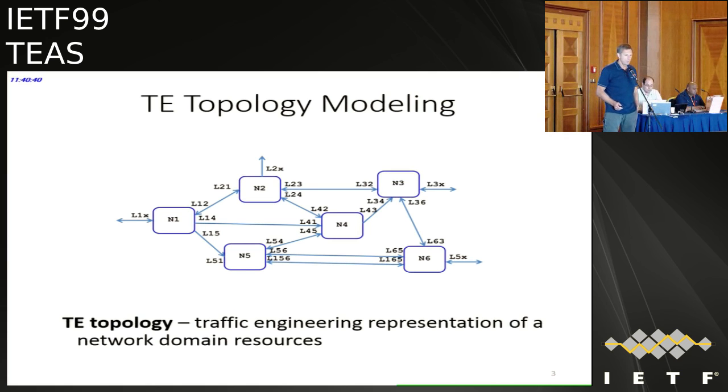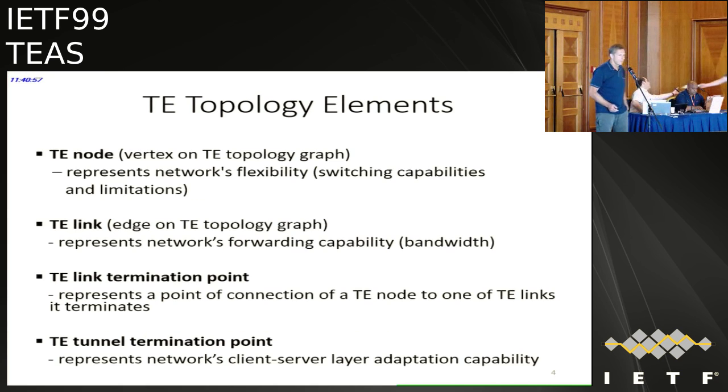The model has four basic building blocks: a node, a link, a termination point, and a tunnel termination point. I think most of the content in this deck is self-explanatory, so maybe you could jump to the summary.